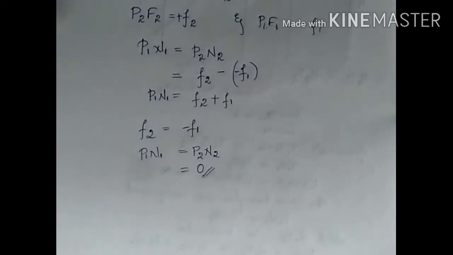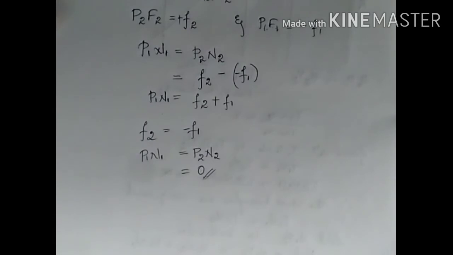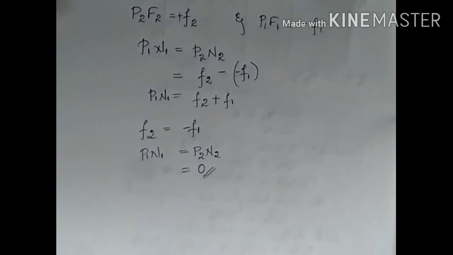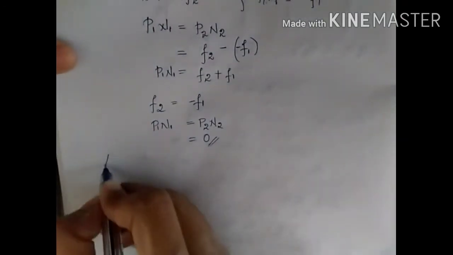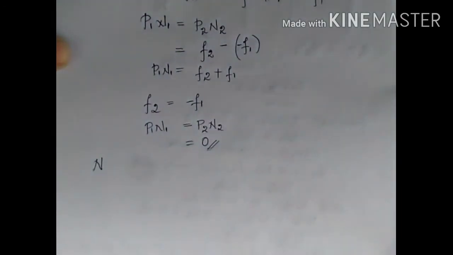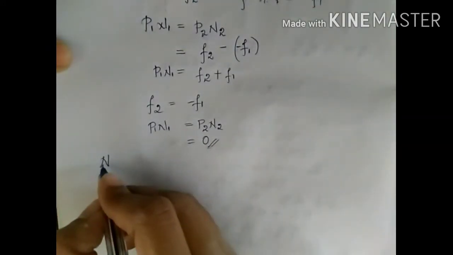If you have the medium similar for both the systems, for image and object system, in that case principal points P1 and P2 coincide with the nodal points, and the planes which pass through the nodal points, which are again perpendicular to the principal axis, those planes are known as nodal planes.